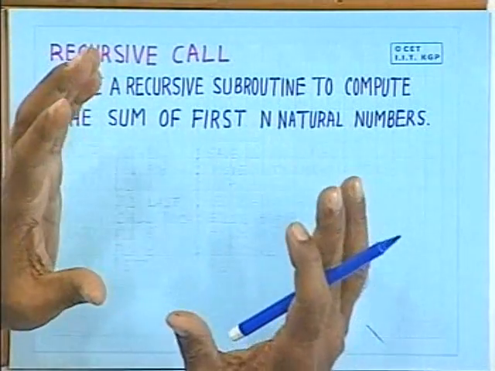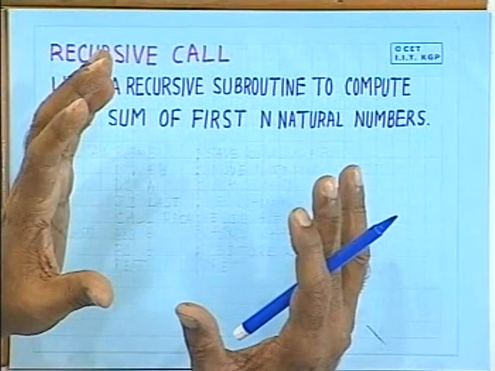So, there are a number of problems for which you can write an elegant program by writing a recursive routine, but the requirement for a recursive routine and the requirement for nested subroutine calls is more or less the same. Your requirement is a good size of stack.